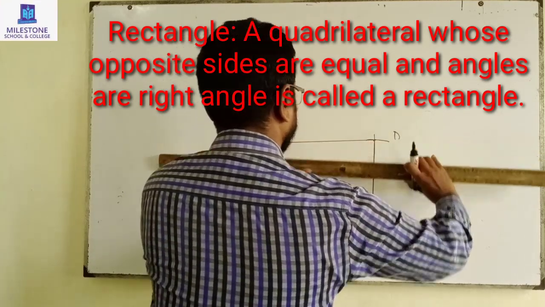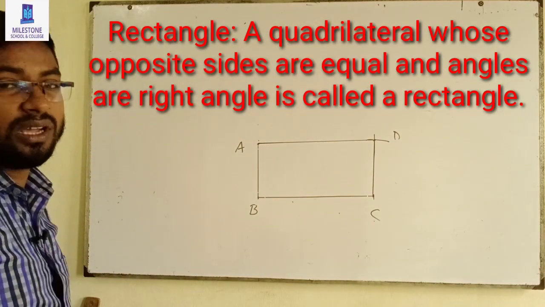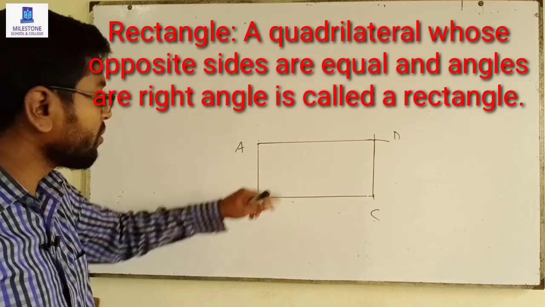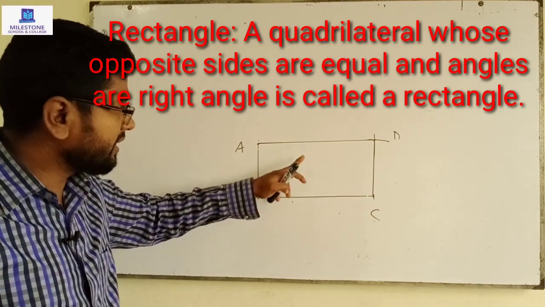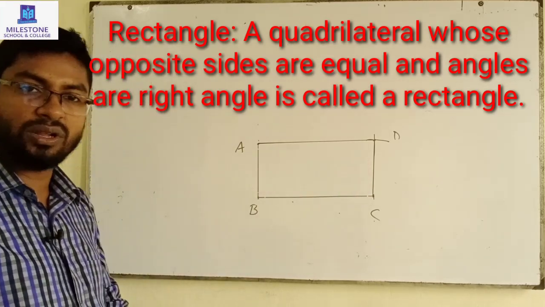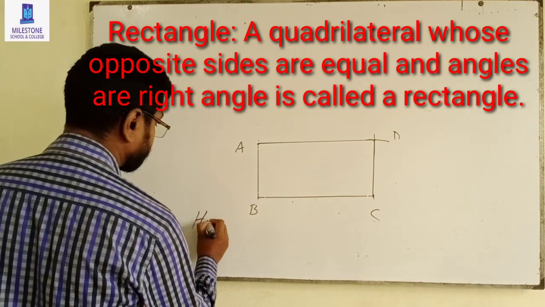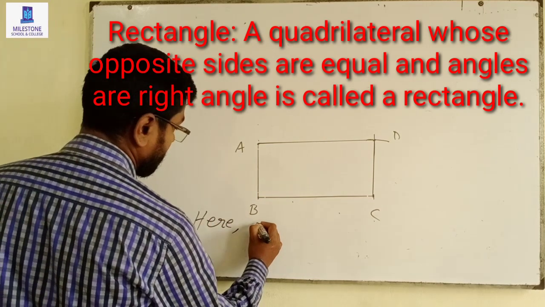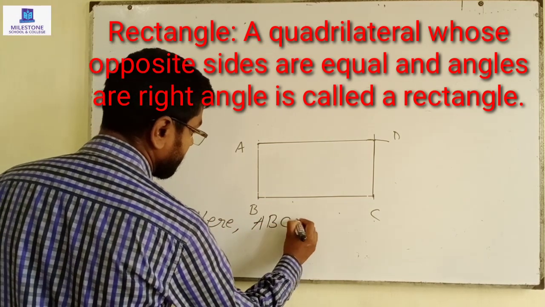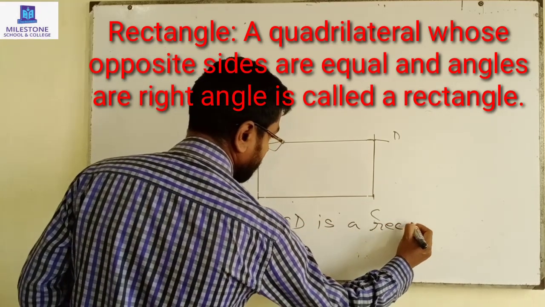Now we can tell this is a rectangle. Why can we tell it is a rectangle? Opposite sides are equal. Look, this side and this side are equal. This side and this side are equal. Now we can write here: ABCD is a rectangle.